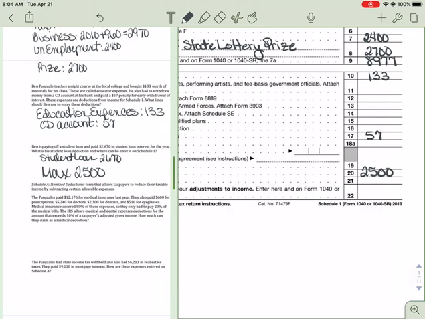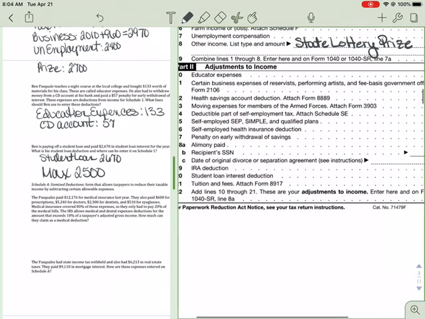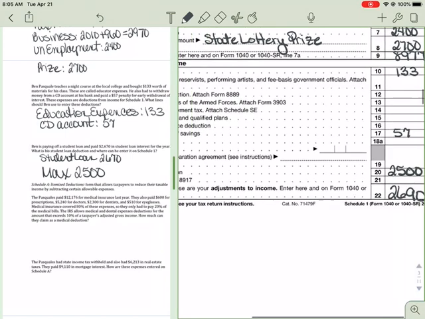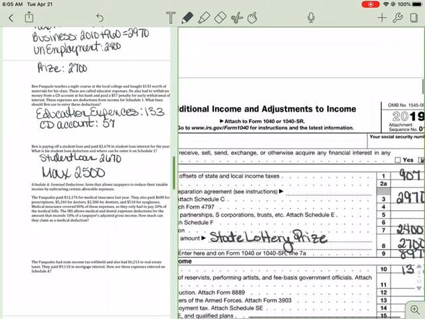All right. Now, we're going to add all these up, okay? And enter this. Okay, so we're going to add lines 10 through 21. So that's $2,690, I believe. And that I can't add today. So that's going to go on line 8A.